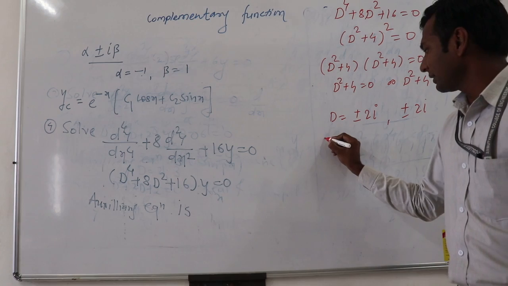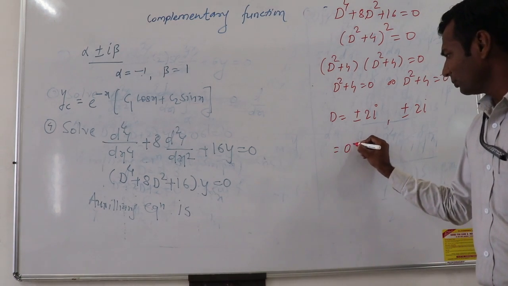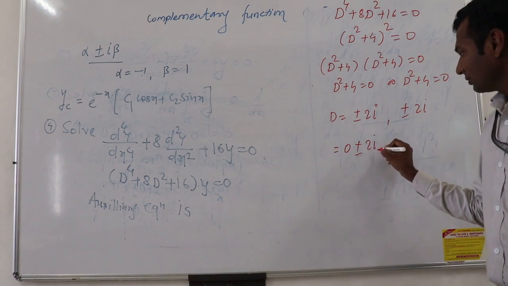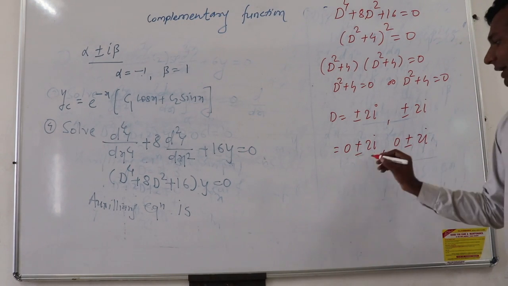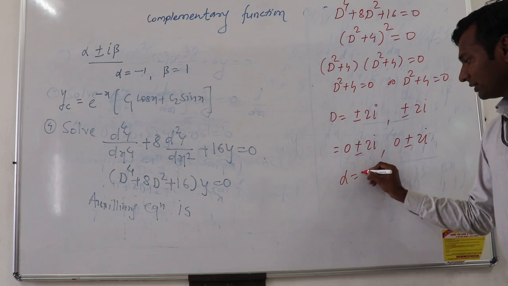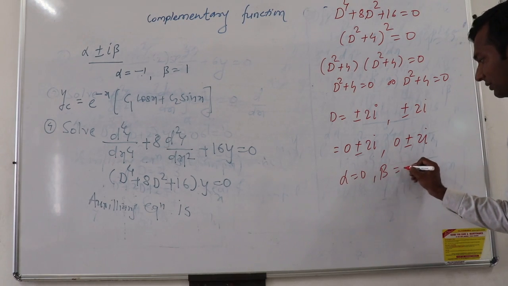So for that we write 0 plus minus 2i and 0 plus minus 2i. By comparing with that formula, our alpha is 0 and beta is 2.